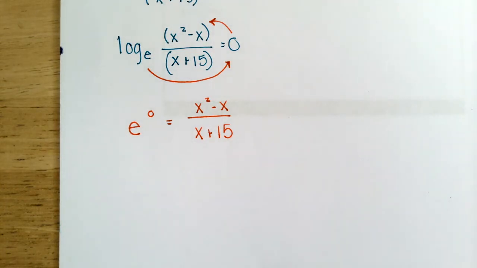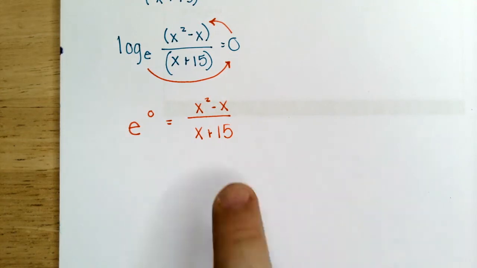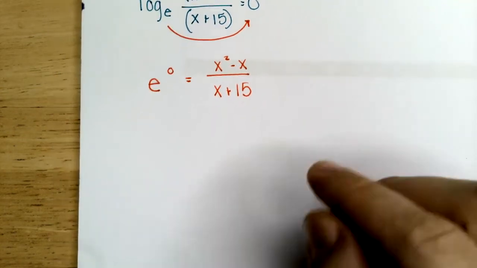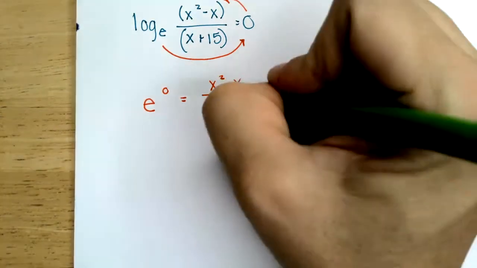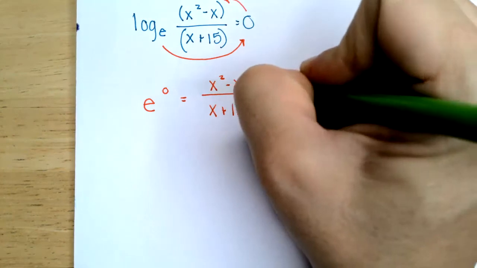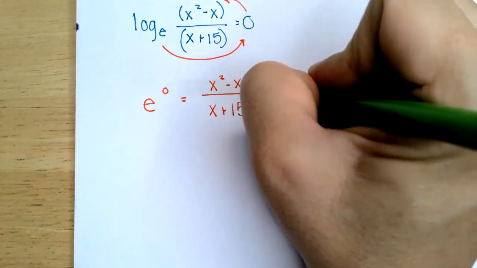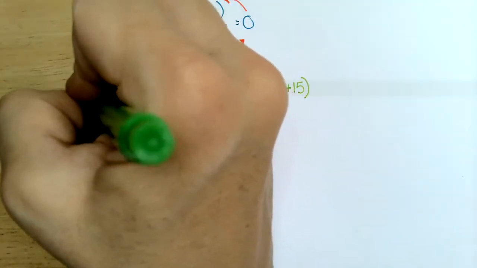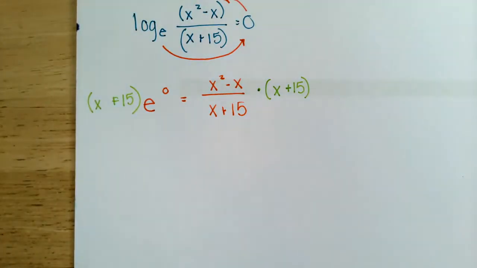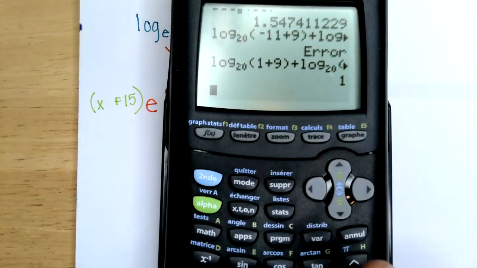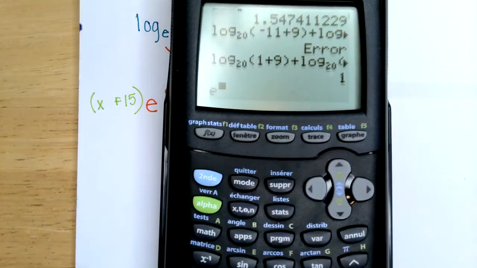Okay. Now I'm just doing algebra, right? And this is a fraction. I don't love fractions, so I'm going to multiply both sides by the denominator to get rid of the fraction. X plus 15. We know that any number to the 0 power is 1. So that's just a 1.